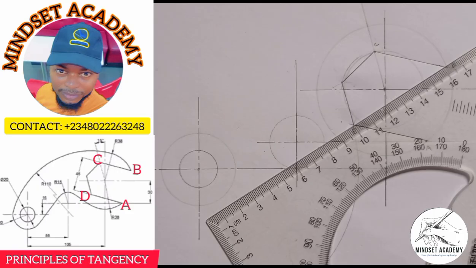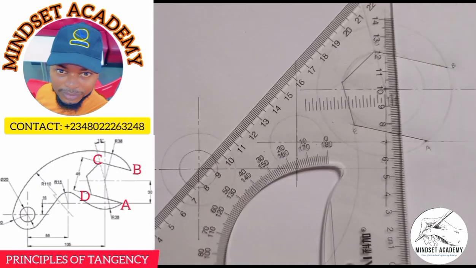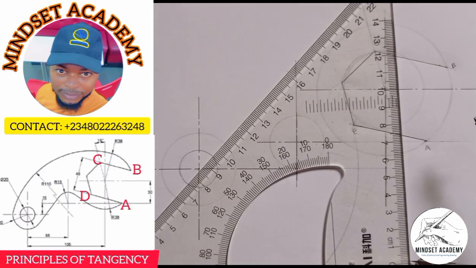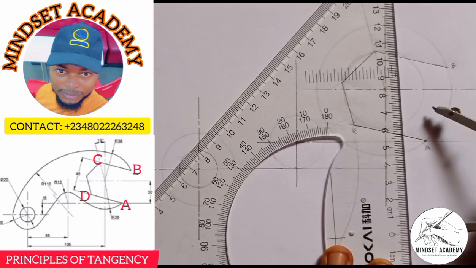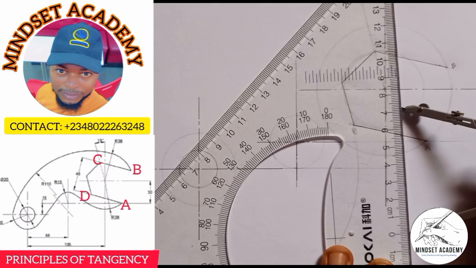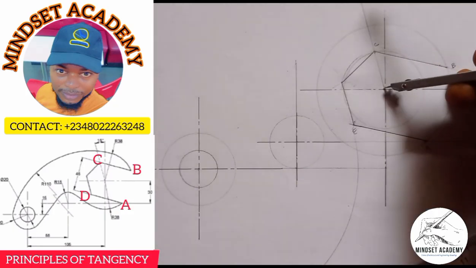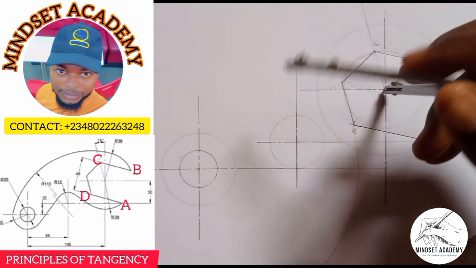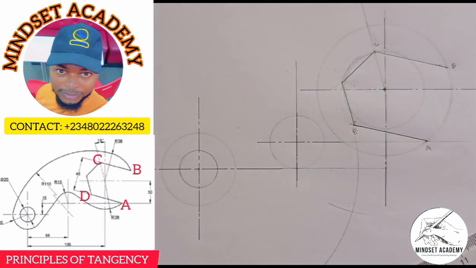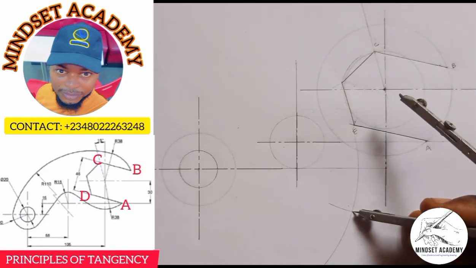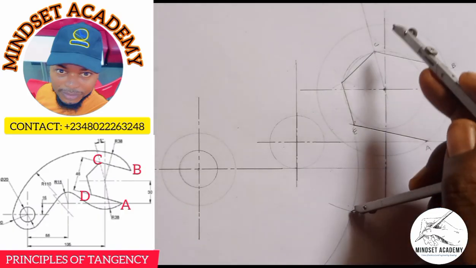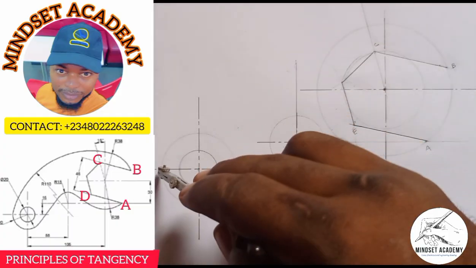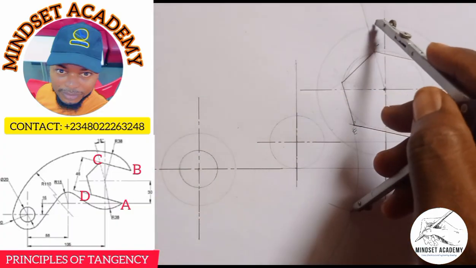So I'm going to measure 72 on my meter rule. From 0 to 72, somewhere around here. Then I'll come to this point here. I'll also strike another arc. So where they meet, that is where I'm going to take my compass, place it here, and come to this point here.